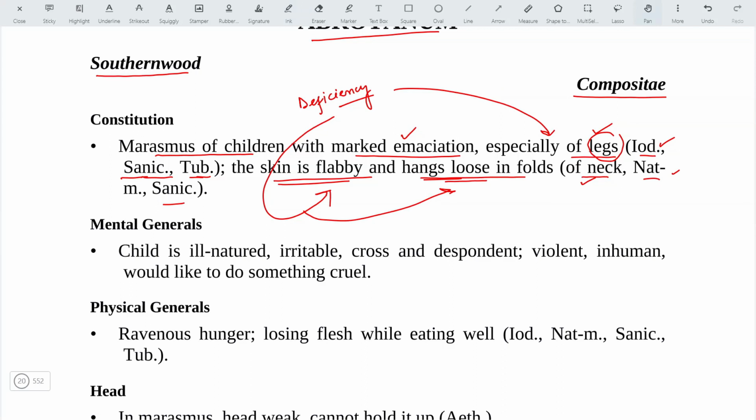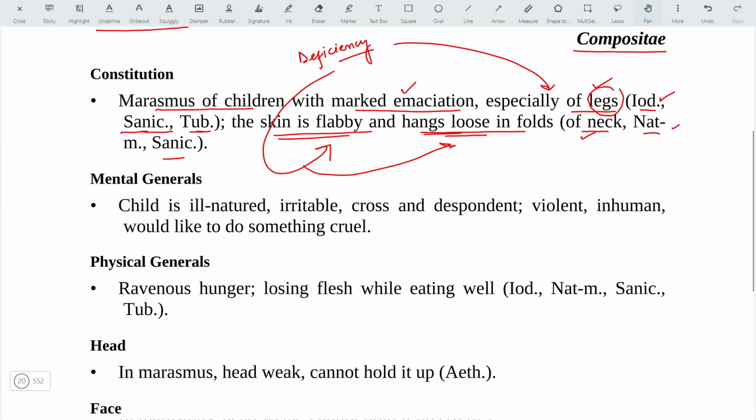Now, why do patients having marasmus-like symptoms or any protein malnutrition, or maybe some other causes, have protein deficiencies or energy deficiencies? Let's focus on this.